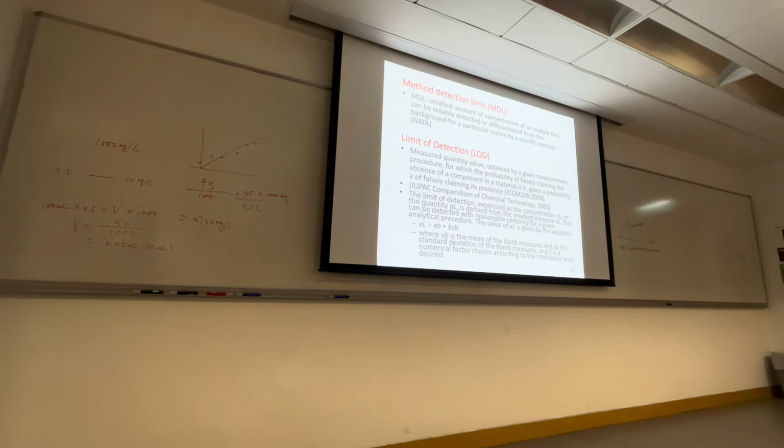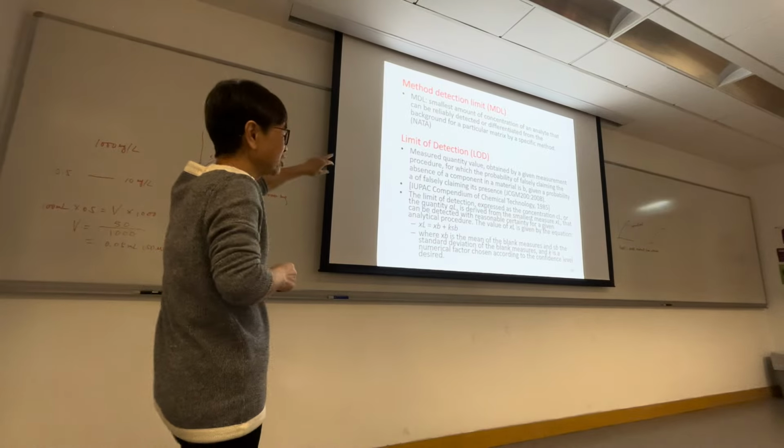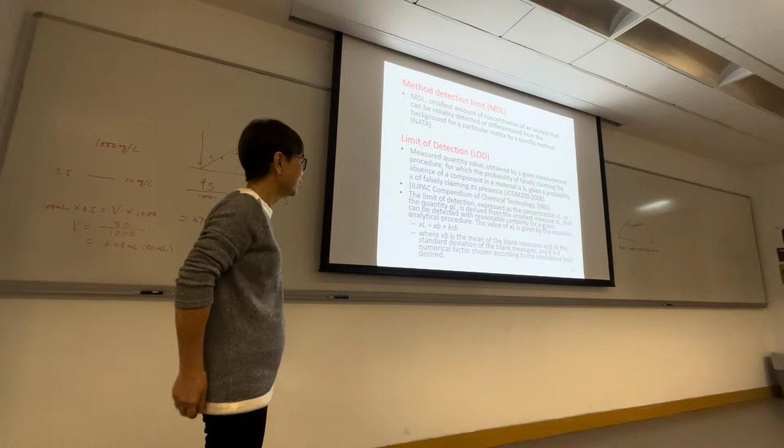So, still remember the two normal distributions. One side is the false positive, another side is the false negative, okay? So we have probability B as the false negative, and this false positive is A, okay?